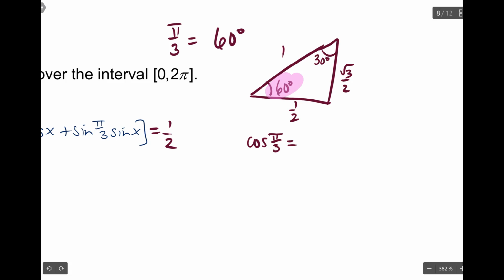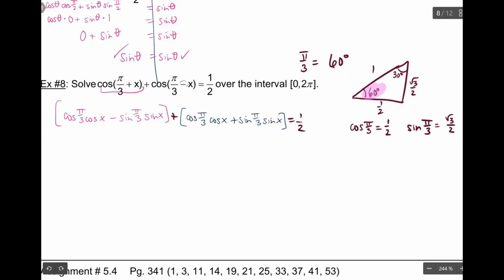Adjacent 1/2 over hypotenuse 1 will be 1/2. Sine of pi over 3 is opposite, square root of 3 over 2 over 1, so it's just square root of 3 over 2. Now we know these values to plug in.